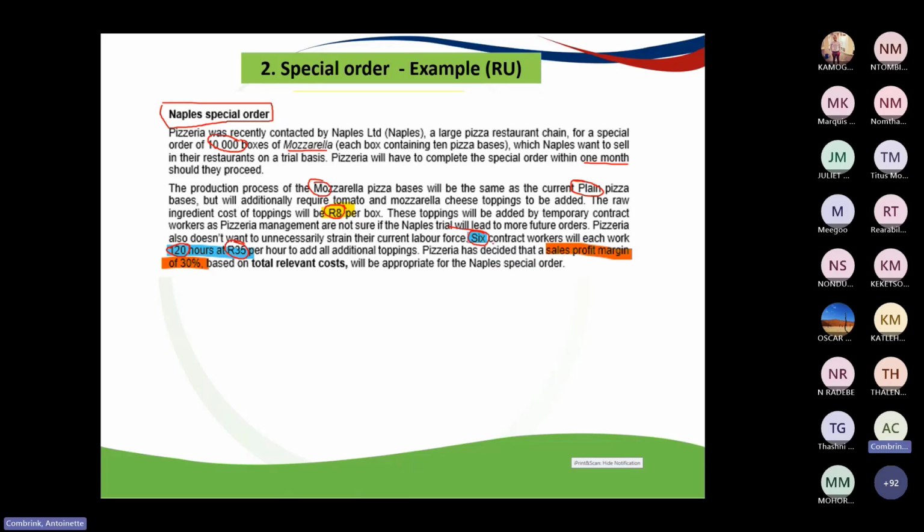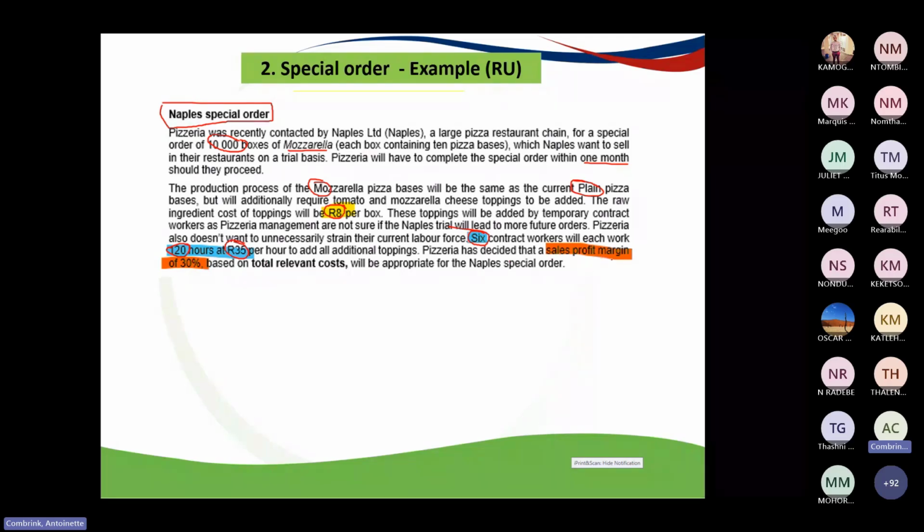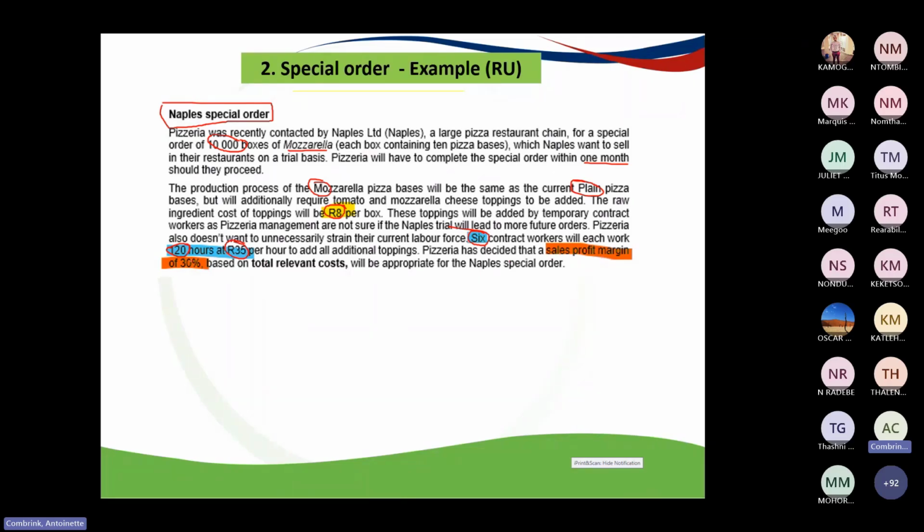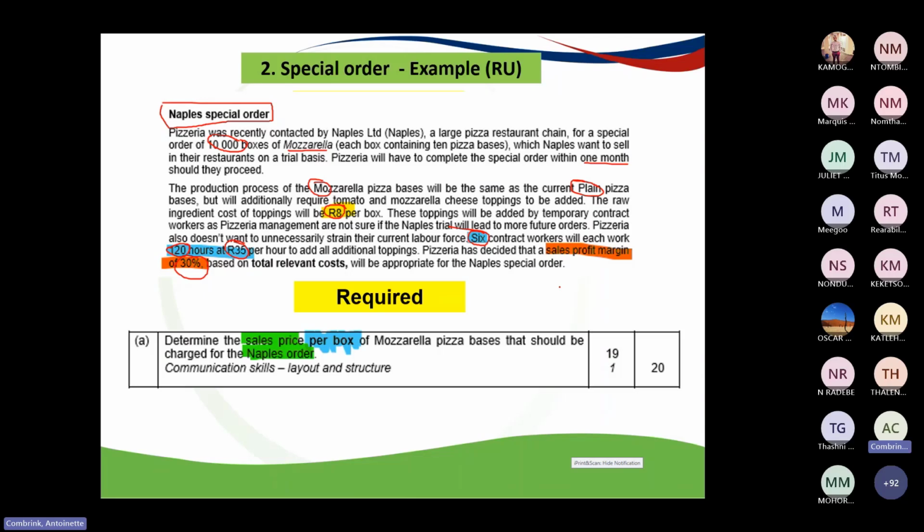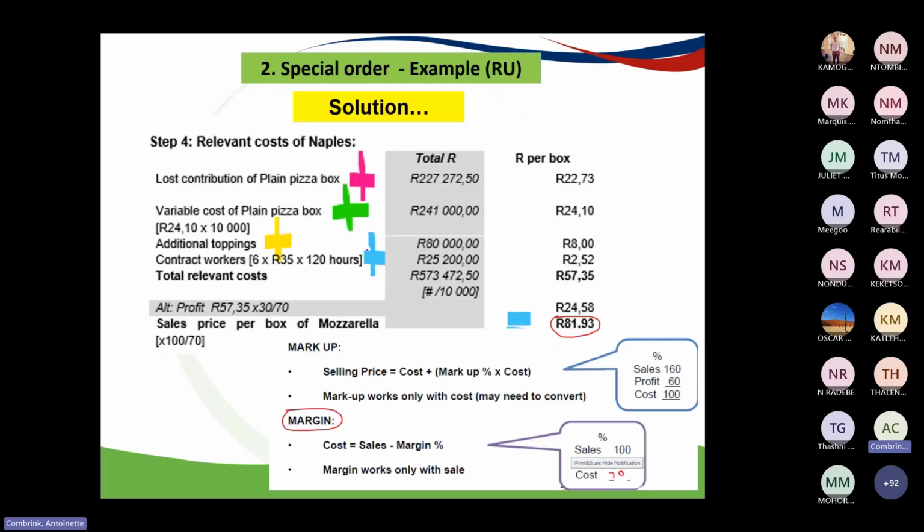They've also told me that they want a sales profit margin of 30% based on the total relevant cost. So we've done the required, and always remember to calculate your time so that you don't exceed it. The easy ones in this part that I would start with: I've got 10,000 units and it's going to cost me R8 per unit, so 80,000 if you're doing it on a total basis.